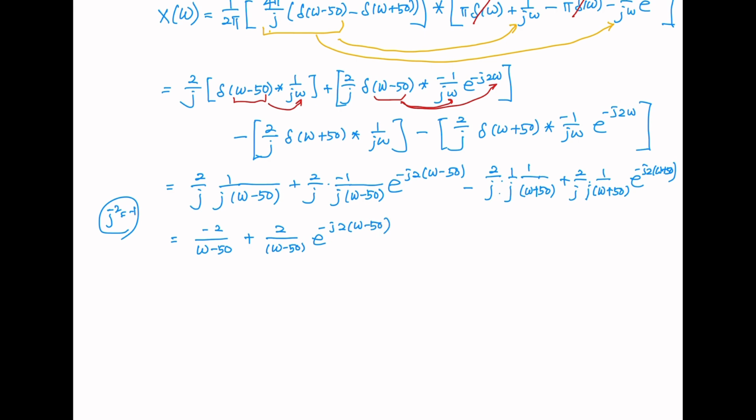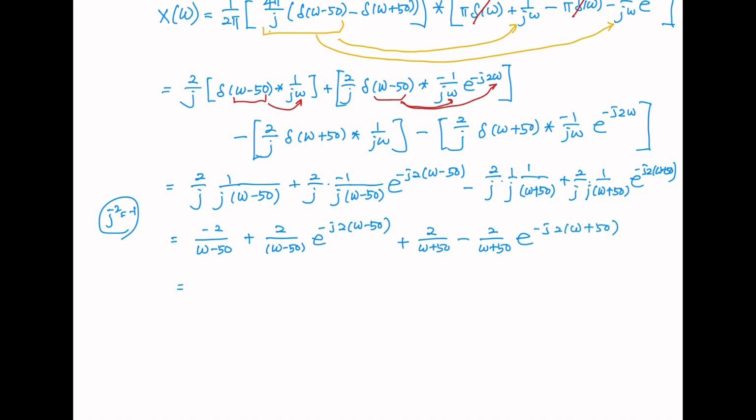For the third term, j squared is negative 1 and we have a negative in front, so it's going to be positive 2 over omega plus 50, minus, because of the j squared, 2 over omega plus 50 e to the negative j2 omega plus 50.